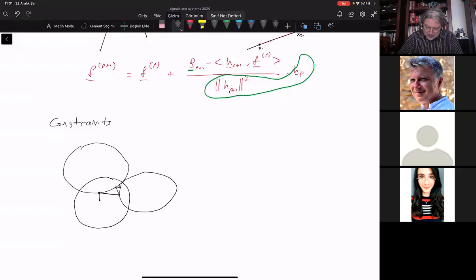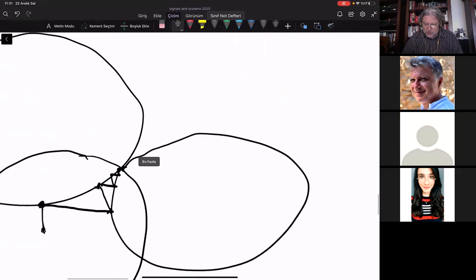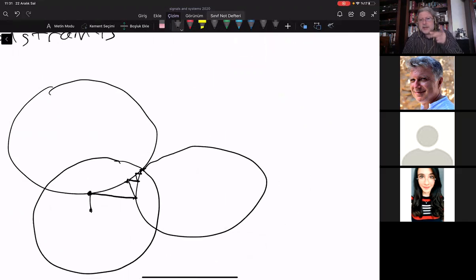Then this constraint, come here, etc. And you will eventually converge to the intersection, which is the point that satisfies both of the constraints and the observation. It is still inside the observation space. That is the thing that you're trying to get to. It may be a blurry image, for instance, and you want to de-blur it. You want to come up with a sharper image.